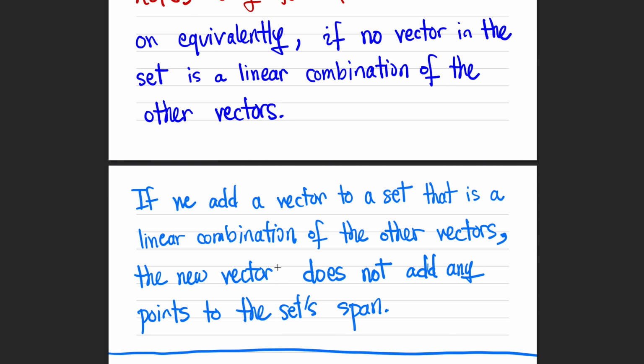Why? Because that new vector is already a linear combination of the other vectors. And what is the span? The span is the set of points covered by the linear combination of these vectors. So since it's already a linear combination, there is nothing added to the span.